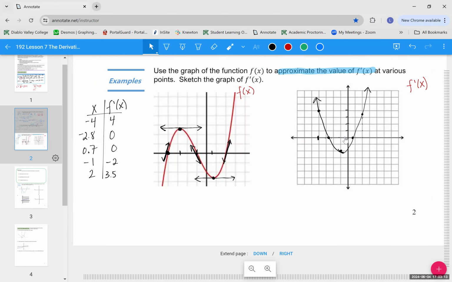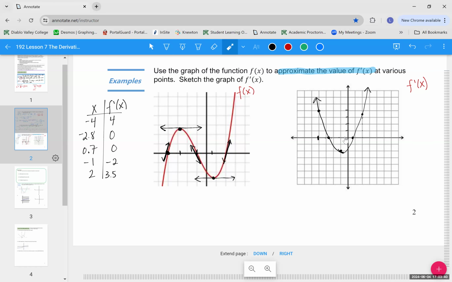Okay, so the first one asked us about when was the derivative equal to 0? Here's where the derivative is 0. It has x-intercepts. And we discussed that as we were doing this process, it's going to be where the function itself has a horizontal tangent line. And that happened at the top of the hill, the bottom of the valley.